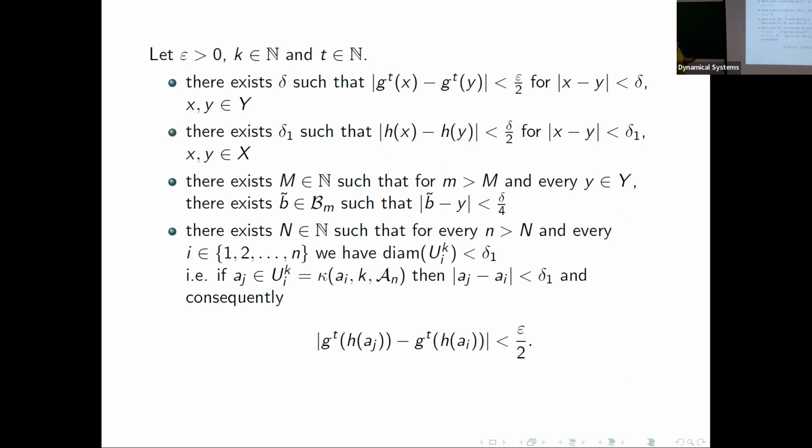And then, of course, from the density of the second time series, we know that every point in space Y can be well approximated by some point that we have. And similarly with the first time series A, I think because the space is compact, we can have a finite subcover and control the diameters of these sets, for every epsilon and K and T, which are fixed.